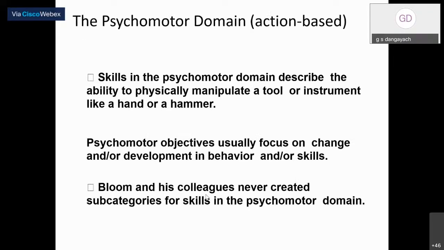Now we come to the third type, the psychomotor domain, which is related to action. Here we take action, we implement, we do it. Skills in the psychomotor domain describe the ability to physically manipulate a tool or instrument, like a hand or a hammer.